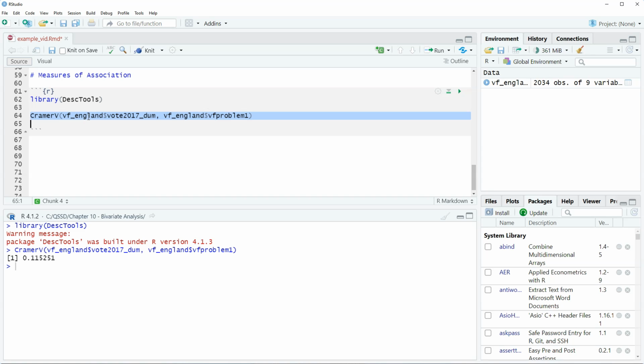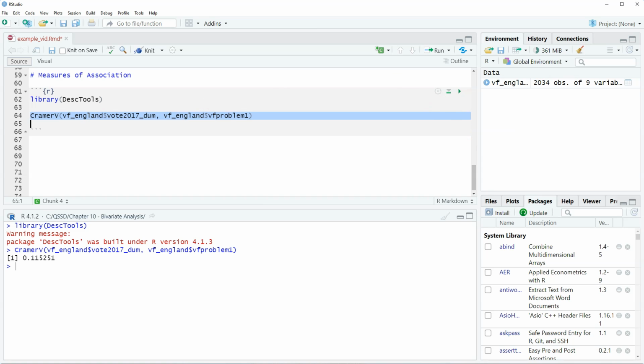This shows a Cramer's V value of 0.12 rounded. We can interpret this as a weak relationship, or a weak association. So there is a statistically significant relationship between people's vote in 2017 and their views on whether or not voter fraud is a problem, but that relationship can be considered weak.